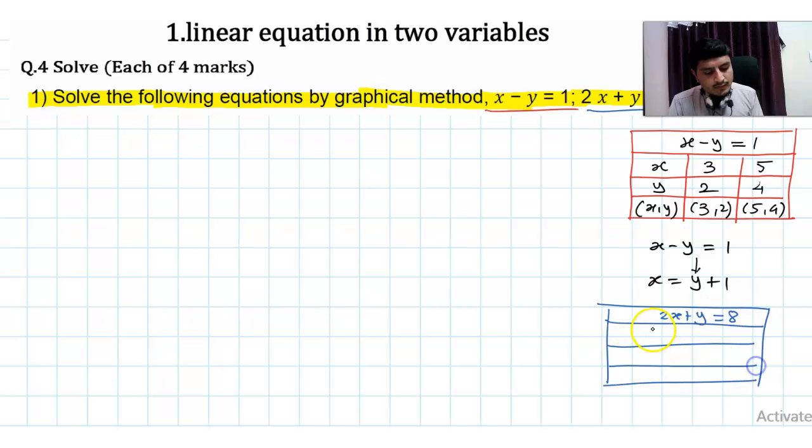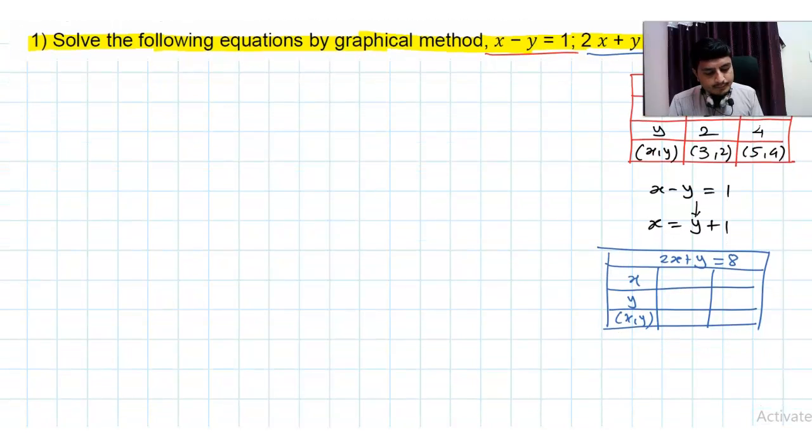Assume a few values of x and evaluate the respective values of y, so that we have the coordinate x comma y. Keep in mind, y equals, after shifting 2x from LHS to RHS, 8 minus 2x.